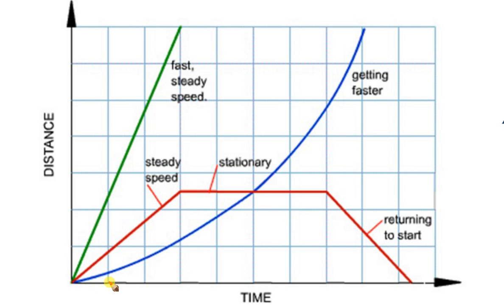So we go across 1, and we've gone up about 2 and a bit meters. After another second, we've gone up another 2 and a bit meters. So the slope is showing we're constantly getting further away as time ticks along, so we're traveling at a constant speed.